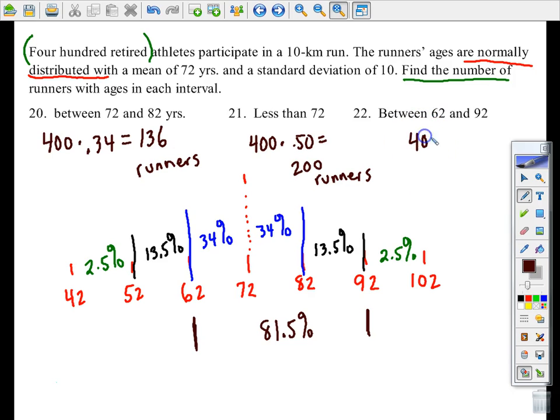So let's multiply the total number of runners times that percentage, decimal form. Let's see how many runners that is. 400 times 0.815, and that's 326 runners. So be careful that you don't just give me a percentage answer to these types of problems. Use the percentage times the total number of people in the group to get your final answer.